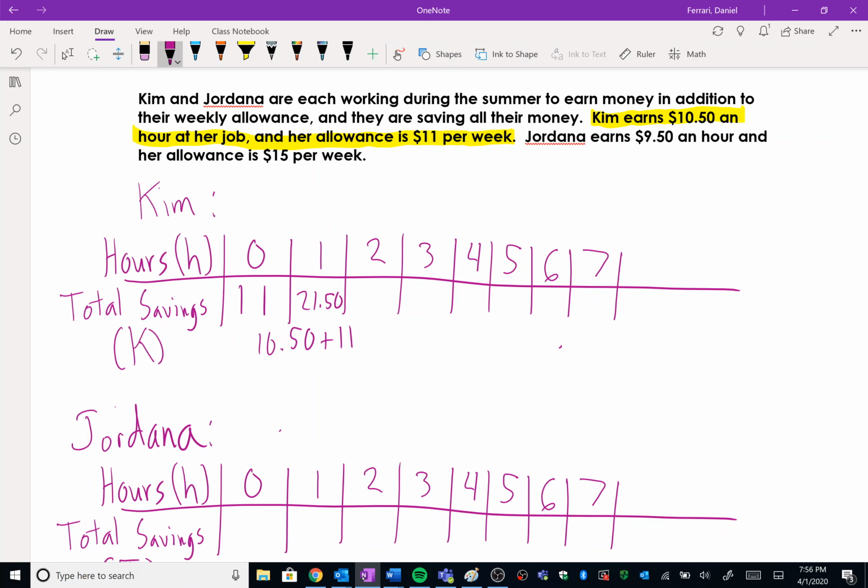Now, when I move over to 2 hours, what's changing? Which one of these numbers, the 10.50 or the 11, is going to change if she works another hour? Well, the allowance, the 11, has nothing to do with whether she works or not. We even gave her the 11 when she worked 0 hours. The thing that's going to change is the 10.50.